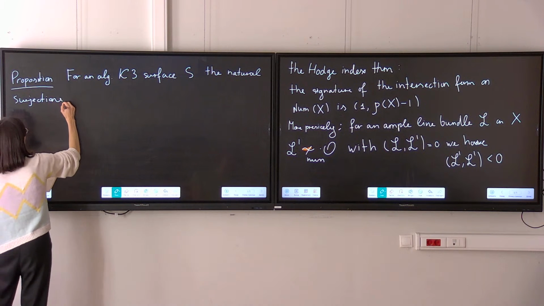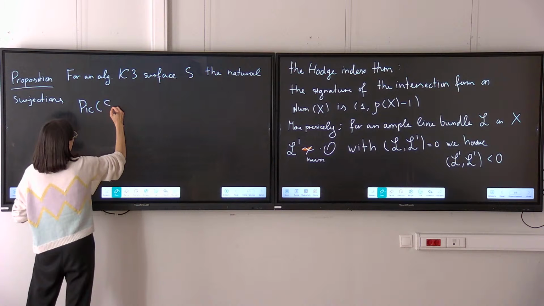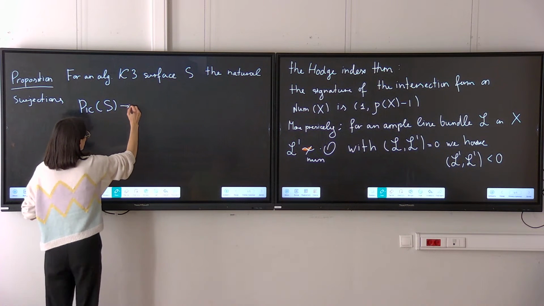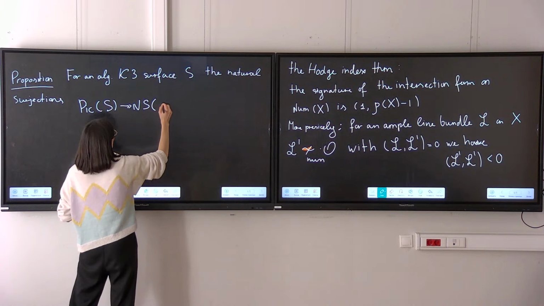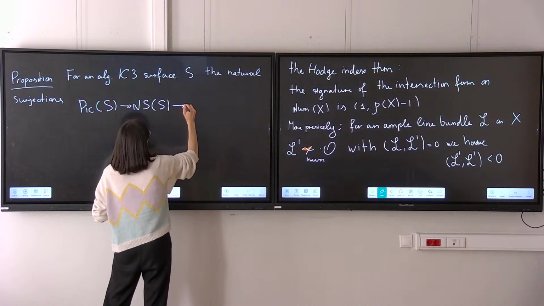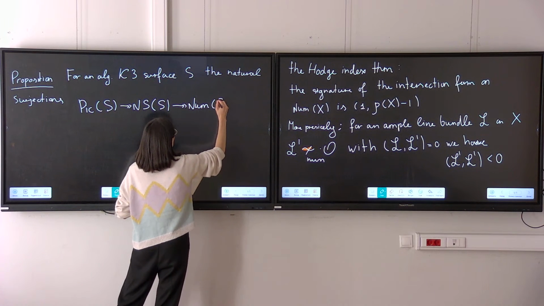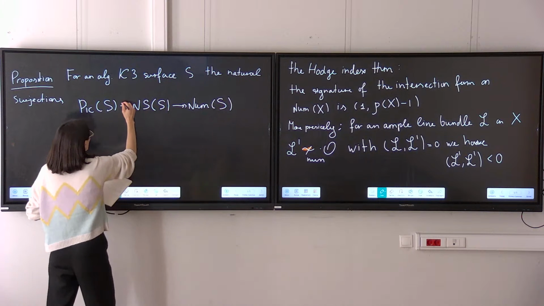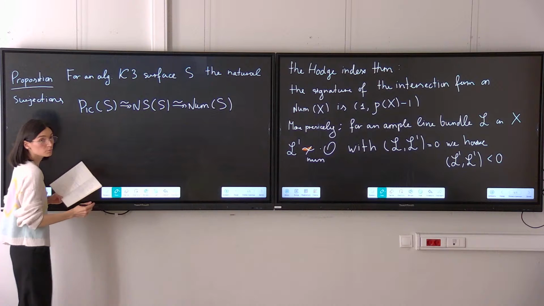So we always have surjections from Pic(S) to the Néron-Severi group of S, and to the numerical group of S. And in the case of K3 surfaces, here we have isomorphisms.